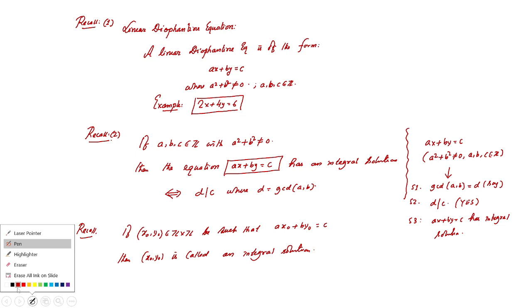That means both components lie in the integers.